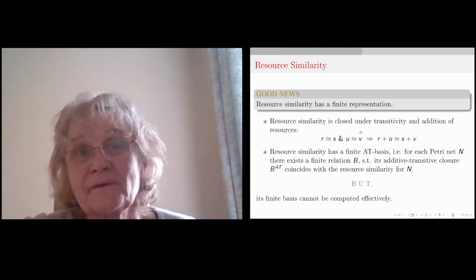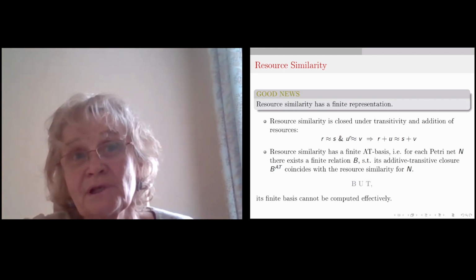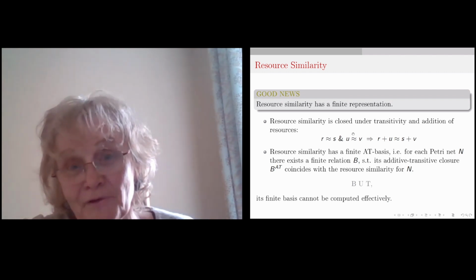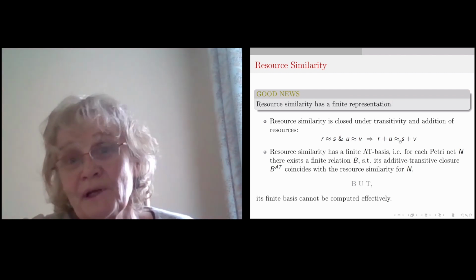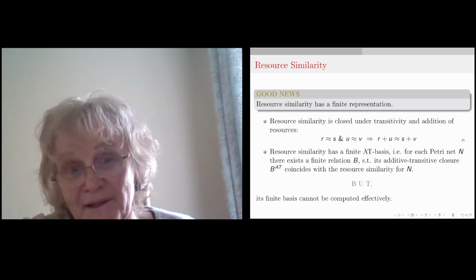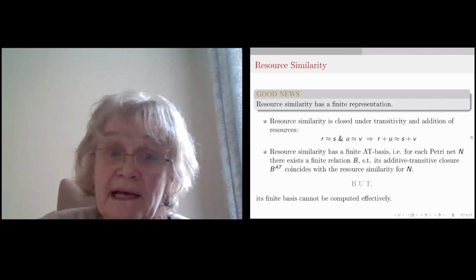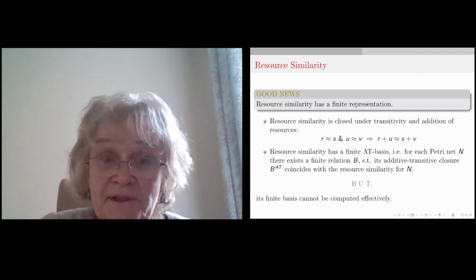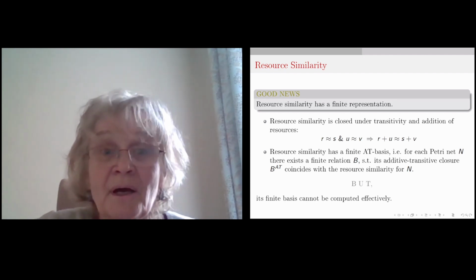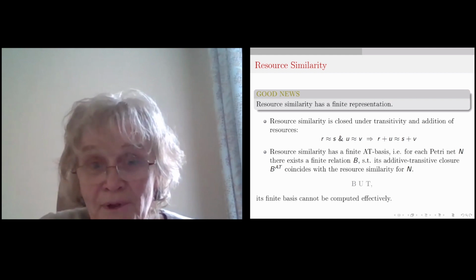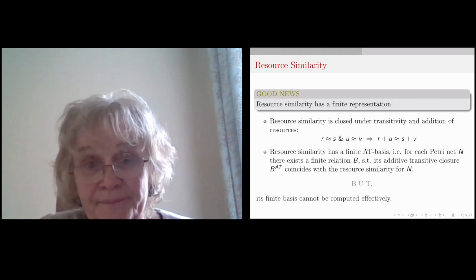These are multisets, so if we have two pairs of similar resources, then we can add them and get a similar resource. So they have a finite representation, a finite basis, but it is not possible to compute this basis.